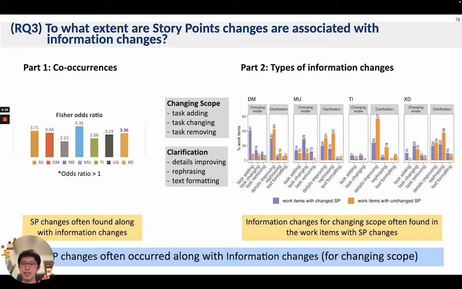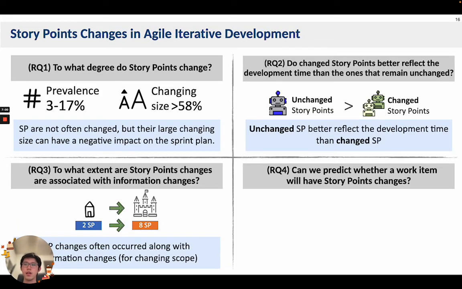These findings suggest that story point changes often occur along with information changes for changing scope. In RQ4, we propose an approach to predict future story point changes.